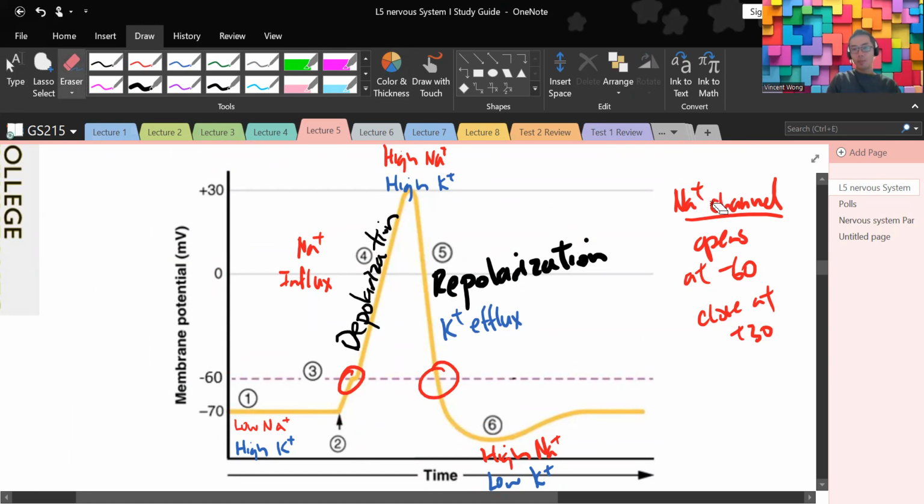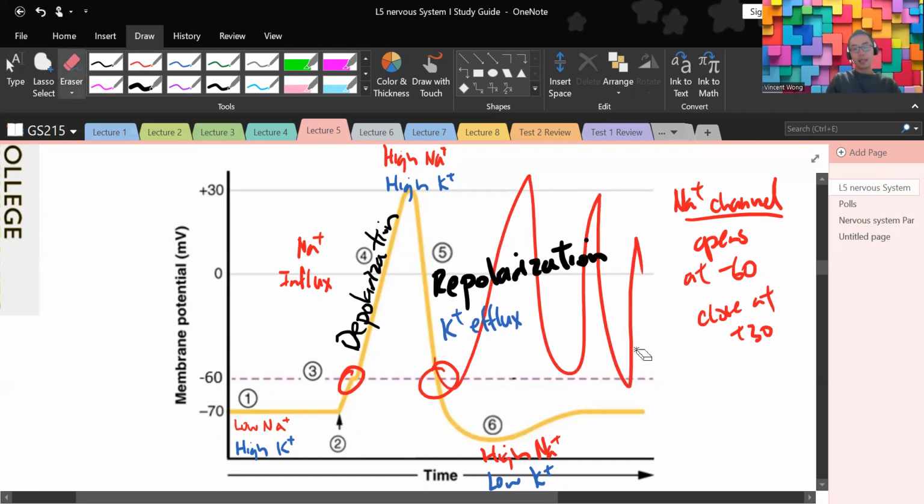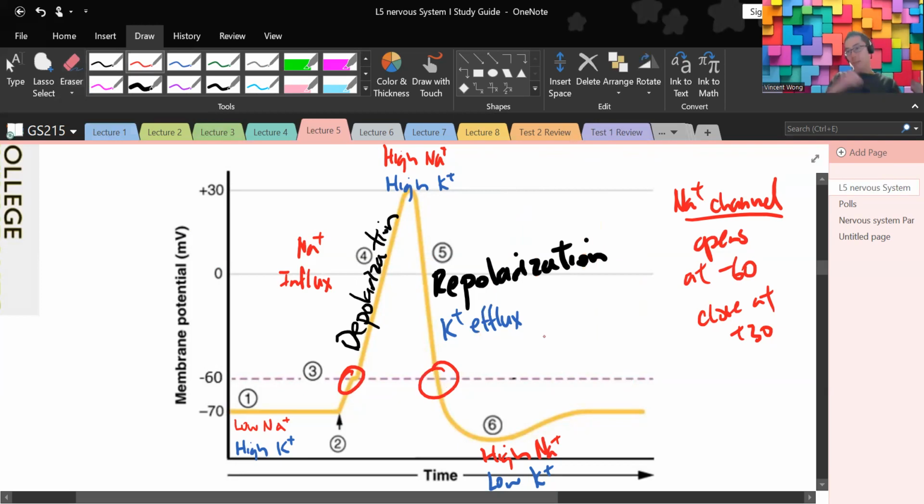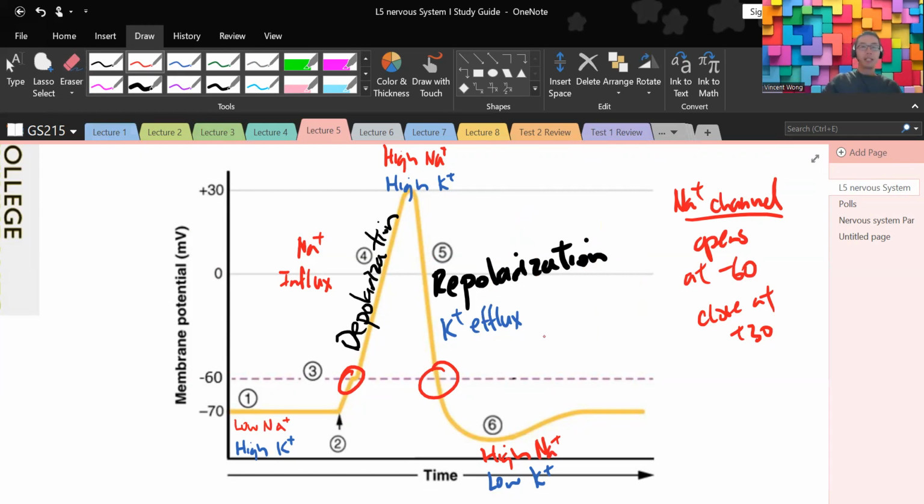But the sodium channels, because they're in the refractory period, will not open even though we hit minus 60, right? You see that? And that's important because if you open them again, then it's just going to go up and down and fluctuate the signal instead of getting the signal going forward. Okay, so that's why it's important to have the refractory period.